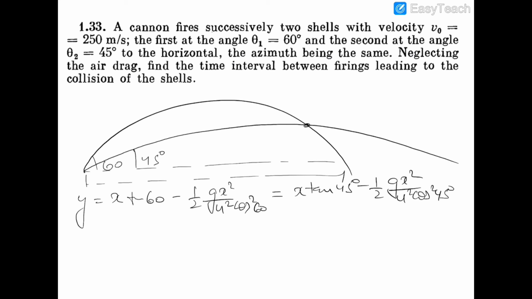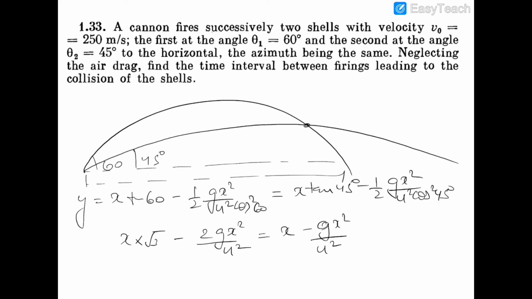So this is x into root 3 minus 2gx square by u square, and this is equal to x minus g x square upon u square.